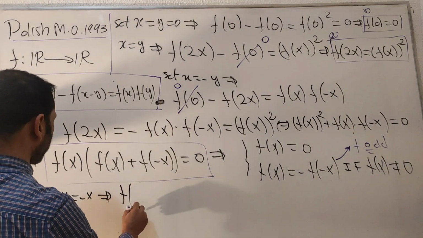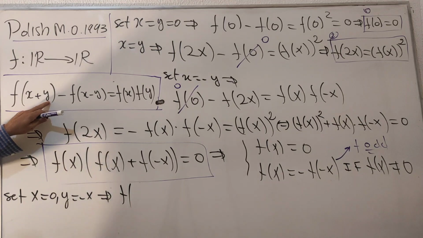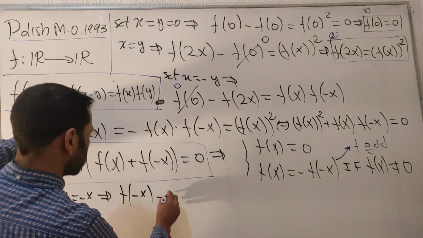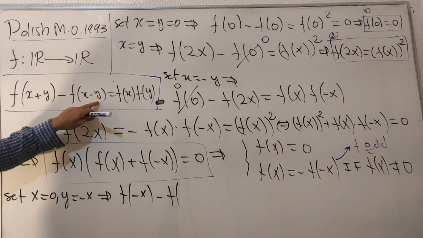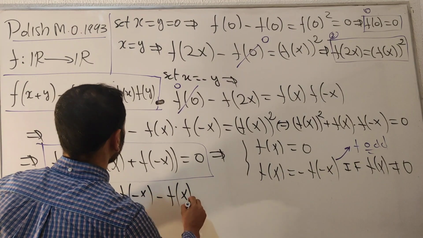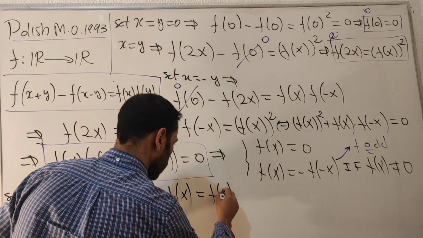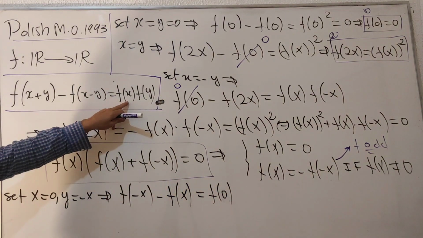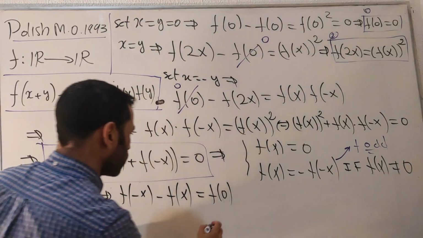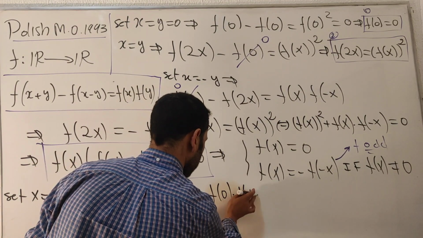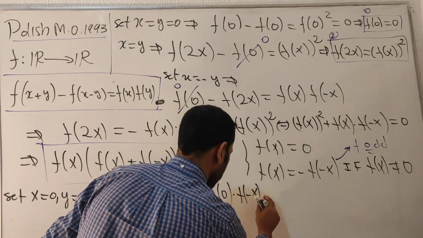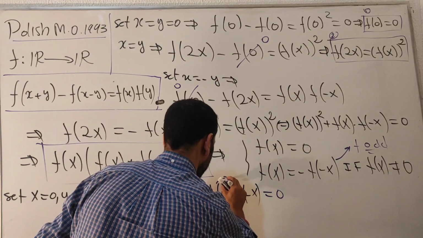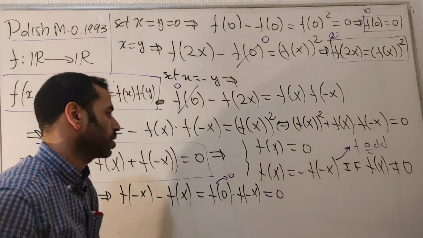This one becomes f of 0, this one becomes minus x, f of minus x minus f of x will be 0 minus y, which becomes minus x, which is x, which equals f of 0 because I have replaced x with 0, but this one becomes f of minus x, like this. Here is the thing. This one equals 0 because f of 0 equals 0, which is multiplied by f of minus x, is given as 0.